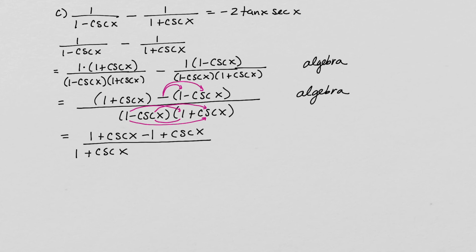Minus cosecant of x times 1 is minus cosecant of x. And minus cosecant x times cosecant of x is minus cosecant squared x. So I basically FOILed the bottom and I distributed the negative on the top. Again, I've only done more algebra. Questions on anything I did there?